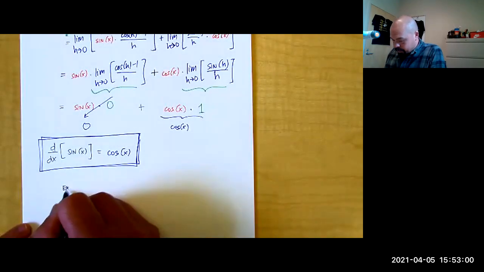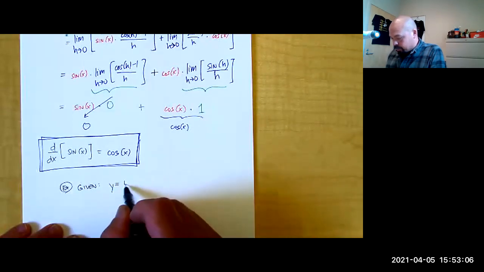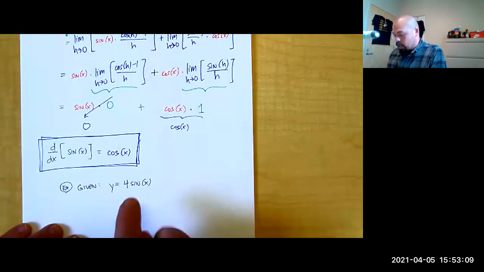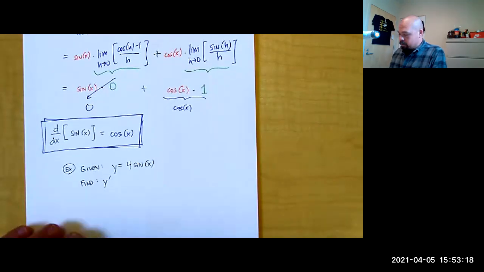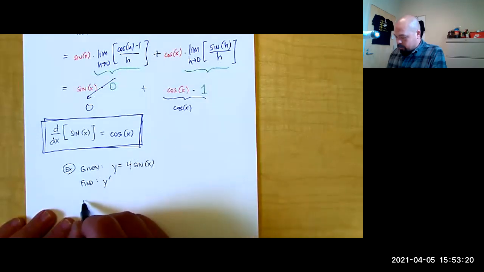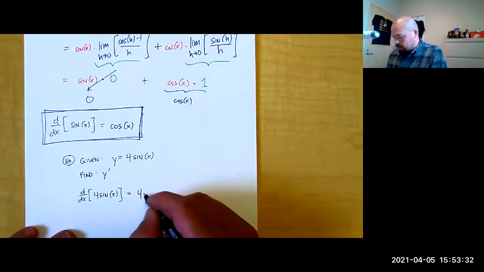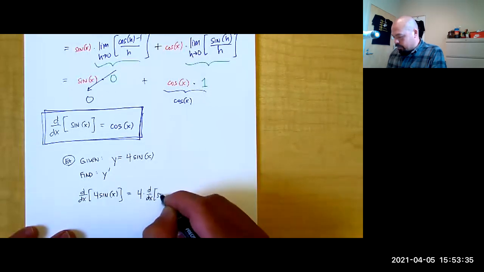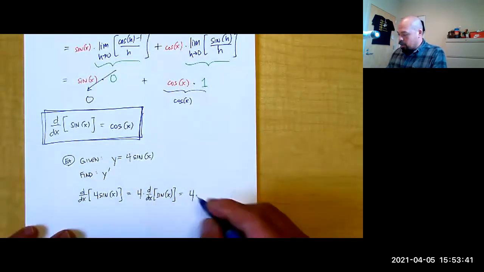So for example, if we're given y is equal to 4 sine of x, that coefficient in front of the sine, if we want to find y prime, that derivative of 4 sine x, the 4 comes outside, and the derivative of the sine of x becomes cosine x.